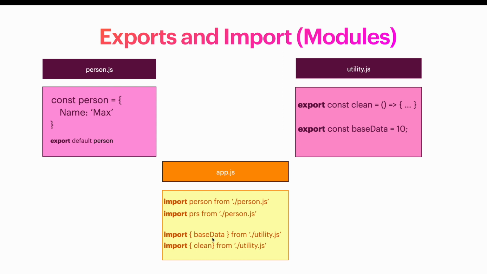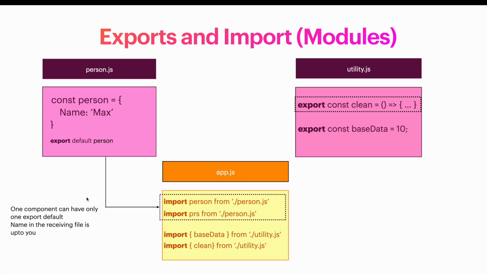I have given the same name, base data, but inside the curly braces. And it is the same for our arrow function, which is named clean, so we have maintained the same name in our import statement, that is clean. So as I said, one component can only have one default export.